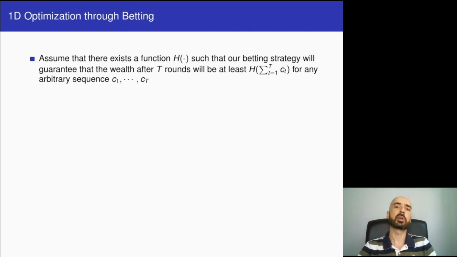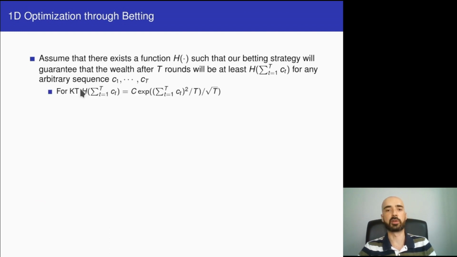Now, you don't have to use Krichevsky-Trofimov. You can use any betting algorithm you like. The only thing that we need is that it guarantees you that the amount of money that you make is some function h of the sum of the coins. So for example, for Krichevsky-Trofimov, you get that the function h is this exponential function here.